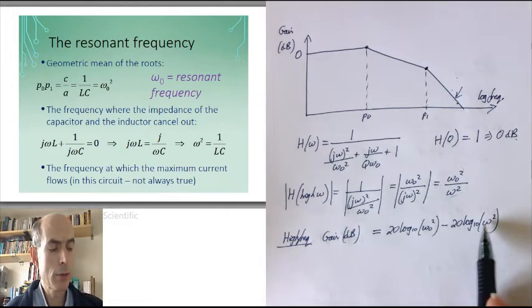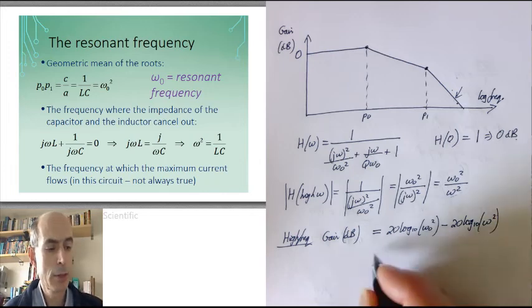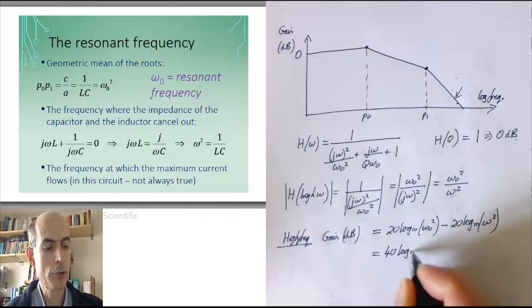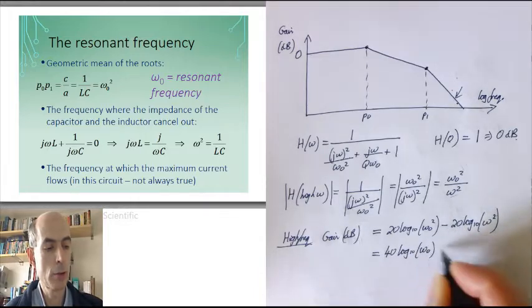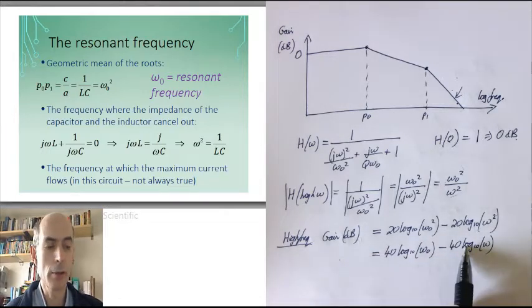Now, the log of omega squared is twice the log of omega. So I could write this as 40 log 10 omega naught minus 40 log 10 of omega. And that is the equation of a straight line.